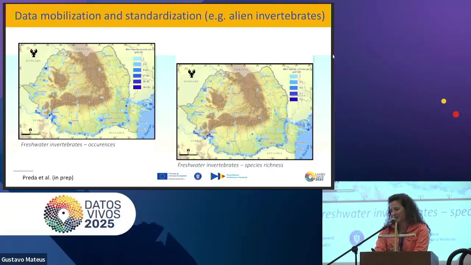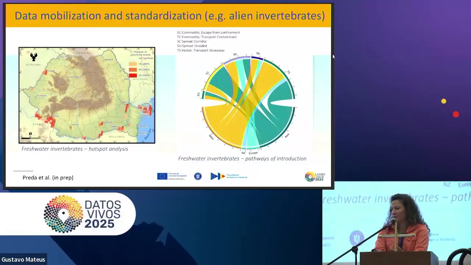The difference is that one shows occurrences and the other shows species richness. This is what we are trying to use to identify hotspots and to see major pathways of introduction. Again, I put an example linking the pathways of introduction with the main donor regions, the native ranges of the species we identified in Romania.